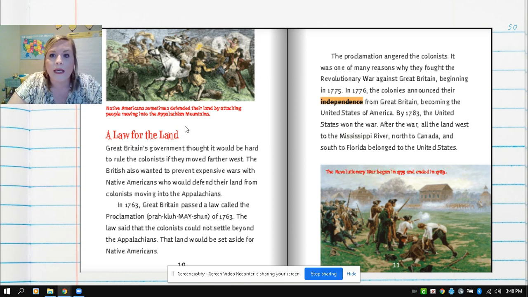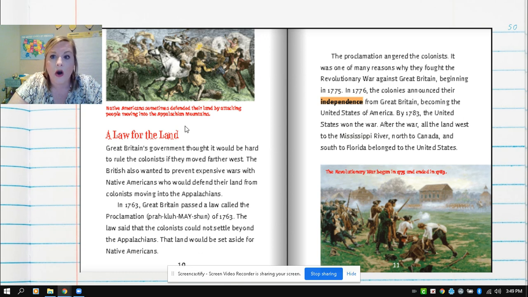It was one of the many reasons why they fought the Revolutionary War against Great Britain, beginning in 1775. In 1776, the colonies announced their independence from Great Britain, becoming the United States of America. By 1783, the United States won the war.